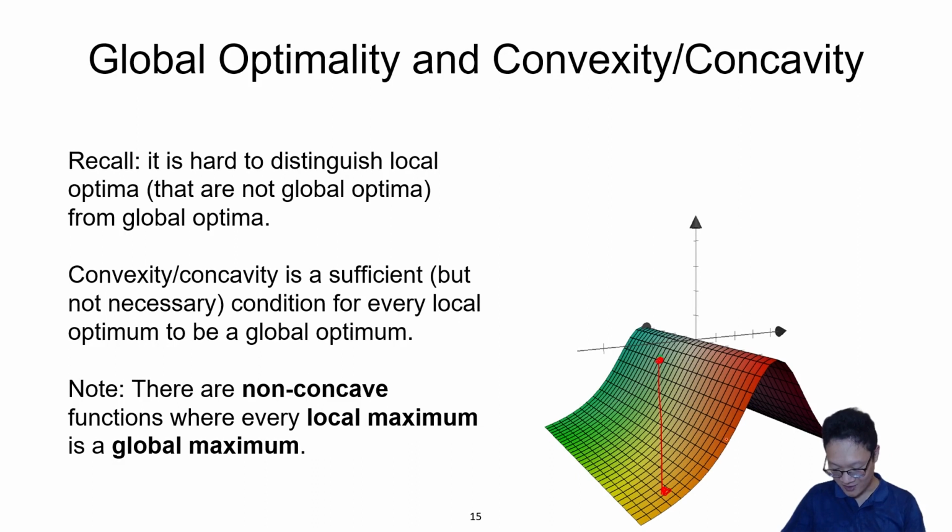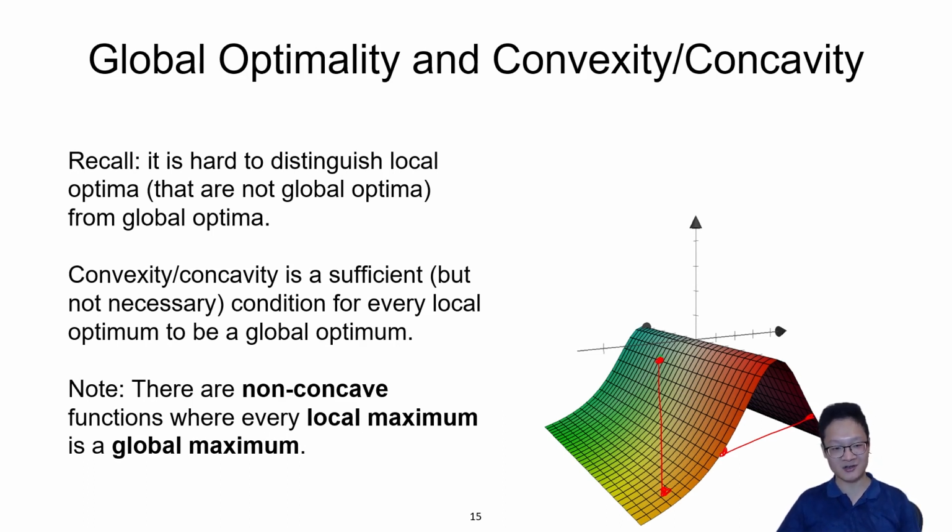Even though there are some other points where if I draw a line, the line is below the function, not every pair of points will give me something that is below, right? Some pair of points will give me a line that is above. So this function is not concave.